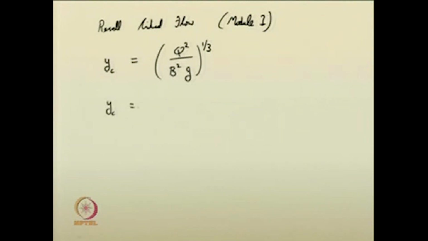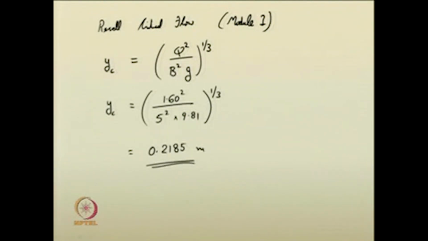So, you substitute the quantities, you know q, you know b. So, 1.6 squared by 5 squared into 9.81, the whole quantity raised to 1 by 3. You calculate that, you will get this quantity as 0.2185 meter.